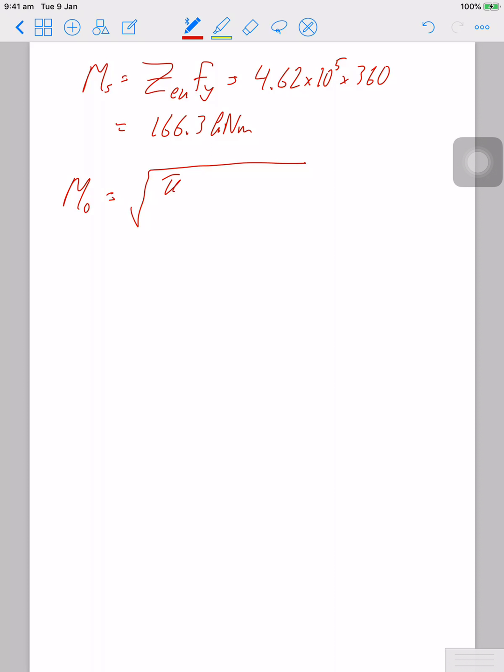It's going to be pi squared EIy divided by Le squared. Remember, we found Le, your effective length, and it's 4,200. GJ.